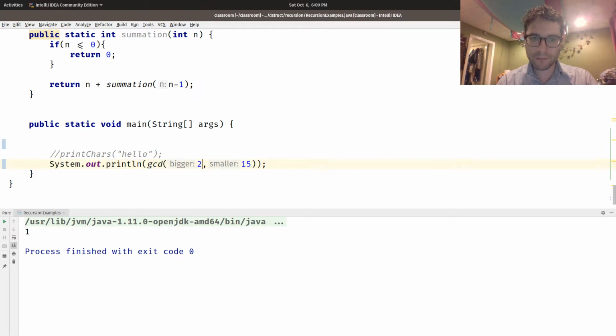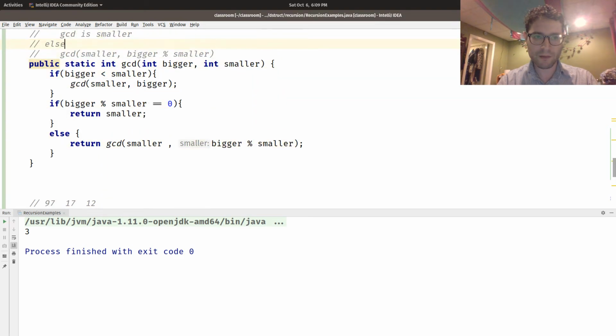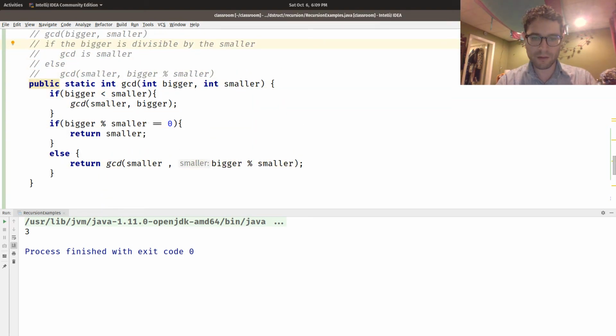And 15, and let's see, trying to think of something else divisible by 3, 66 and 15, there we go. So this works. So that's a pretty exciting function.